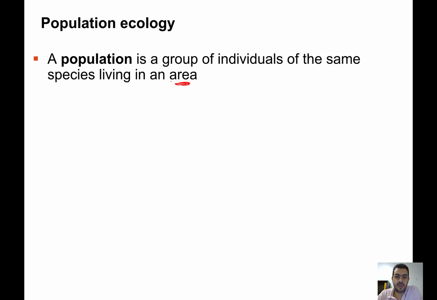The area could be anything, maybe like 2 meters by 2 meters, or 2 kilometers by 2 kilometers. It is up to each researcher to define the boundaries of the area that they are examining.